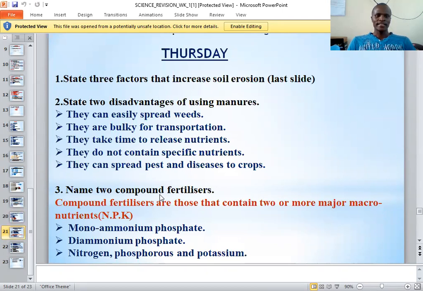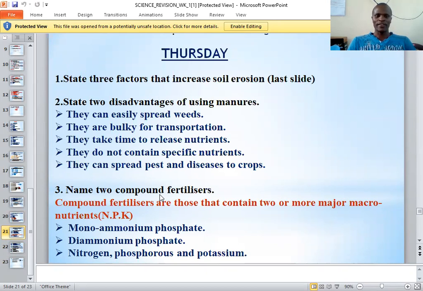Apart from that, they don't contain specific nutrients. When we are preparing this organic manure, we just prepare them, but we are not sure which nutrient they contain. For example, you want a fertilizer that contains nitrogen. You cannot use organic manure to supply nitrogen. You have to go for fertilizer and buy the one that is nitrogenous.